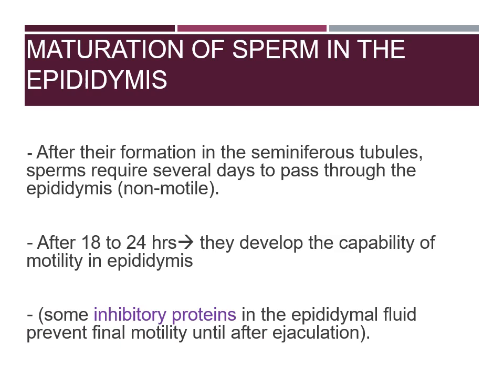Despite that, they will not be motile at this point. Why? Because there will be inhibitory proteins in the epididymal fluids that prevent their motility. They are capable of motility but inhibited from motility until after ejaculation.